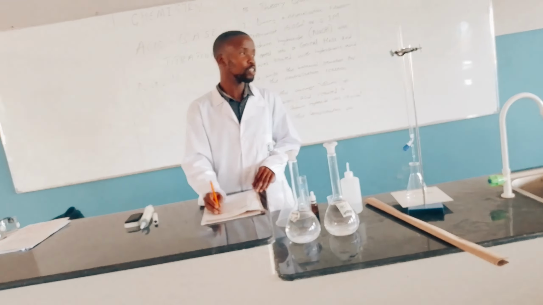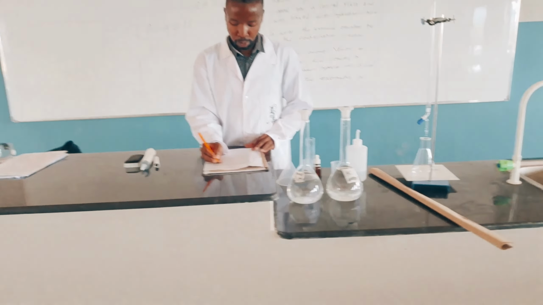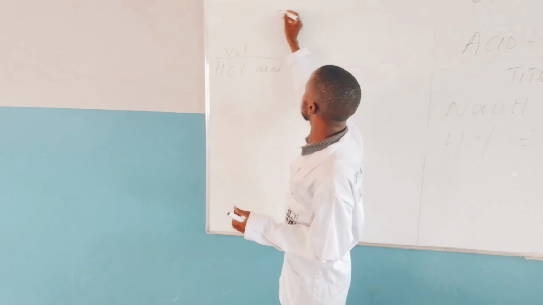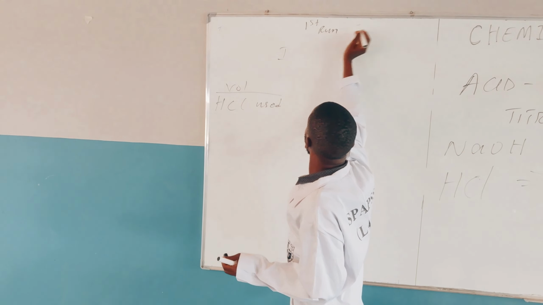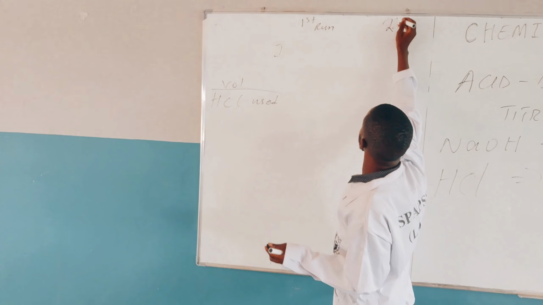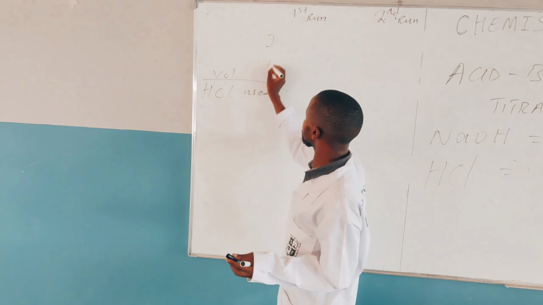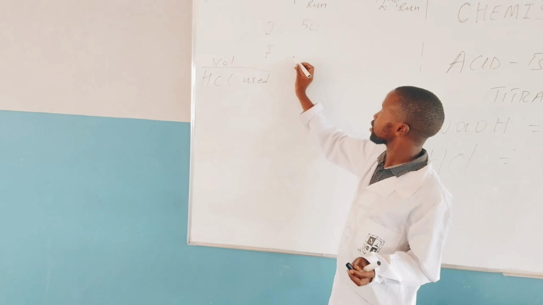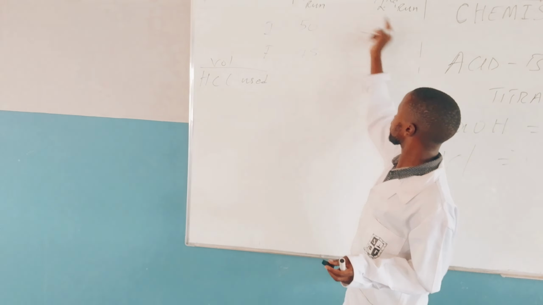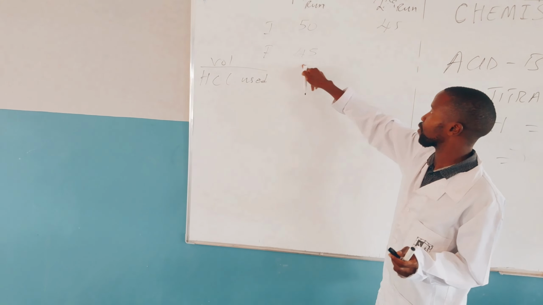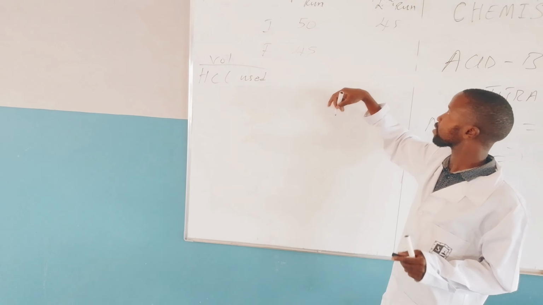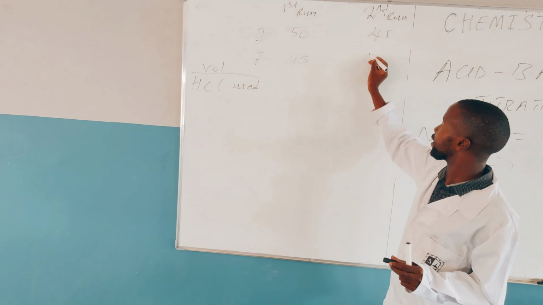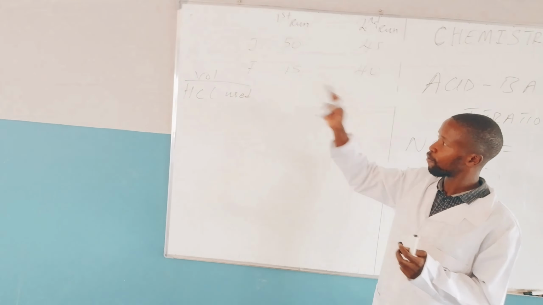For our second one, the initial is 45 and the final is 40. So we find the volume of the HCl used.